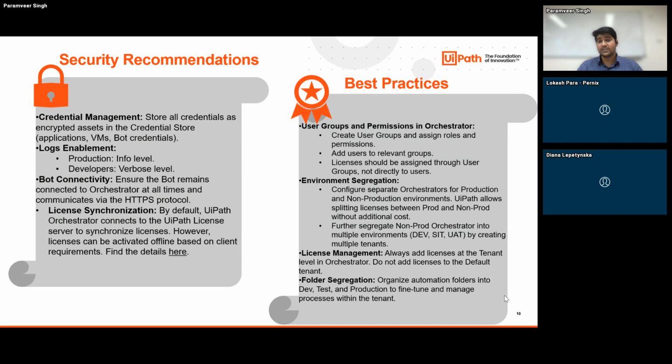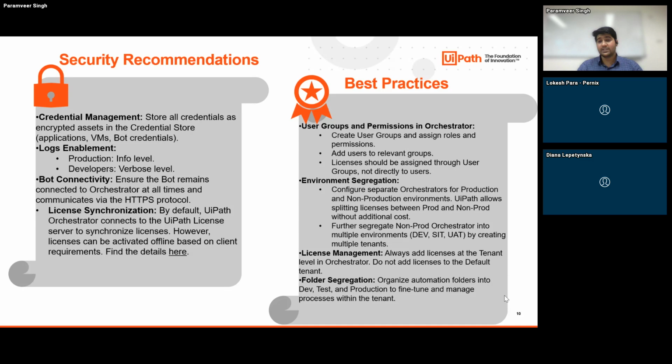For example, right now only 3 users are working. You can add those priority 3 users, and if somebody is not available, remove the user, add a new user, and the license will be automatically assigned to the user profile that is added to the group. So that's one of the use cases.